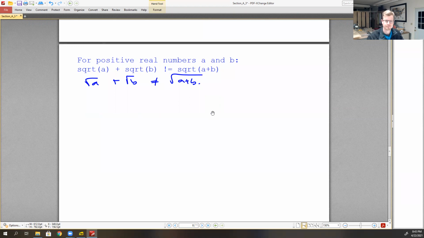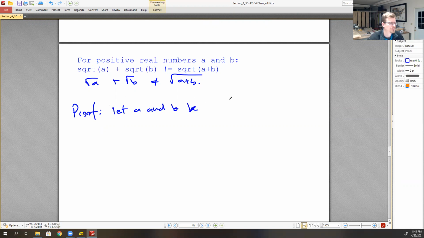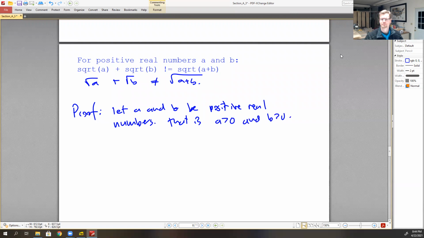So if we wanted to prove this, we would say let a and b be positive real numbers. In this case, that is a is greater than 0 and b is greater than 0.